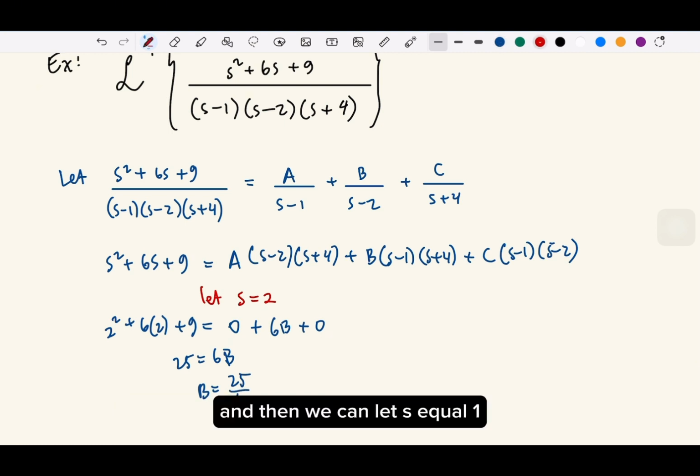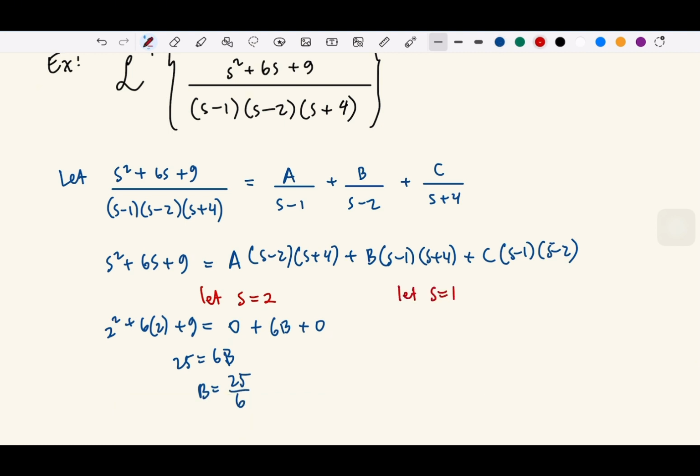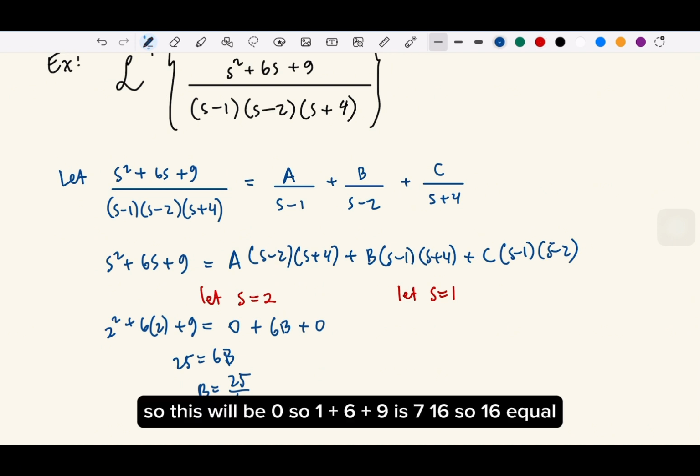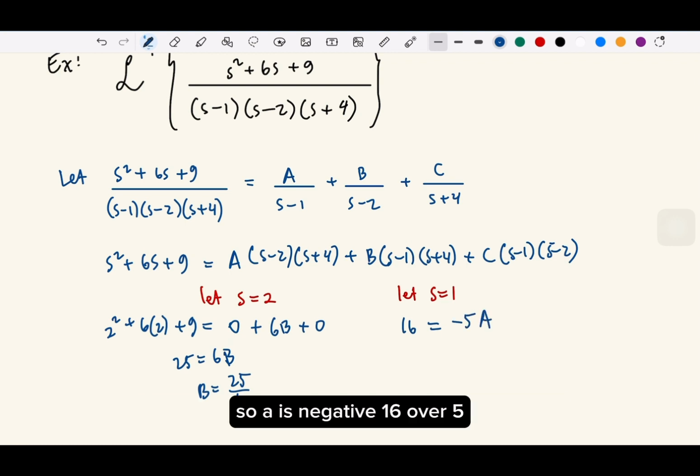And then we can let s equal 1. So this will be 0. So 1 plus 6 plus 9 is 16. So 16 equals, s minus 2 is becoming minus 1, times 5, so minus 5A, right? So A is negative 16 over 5.